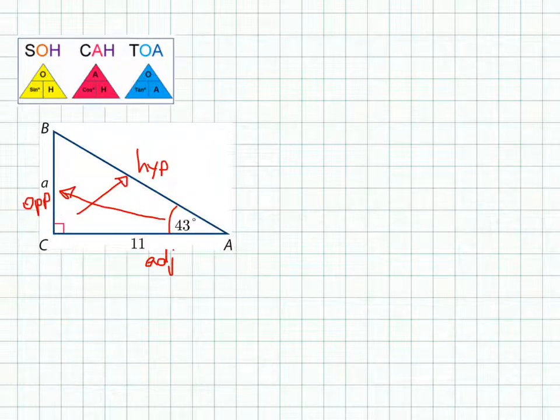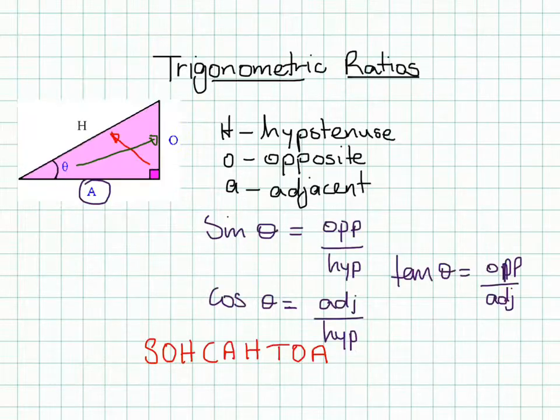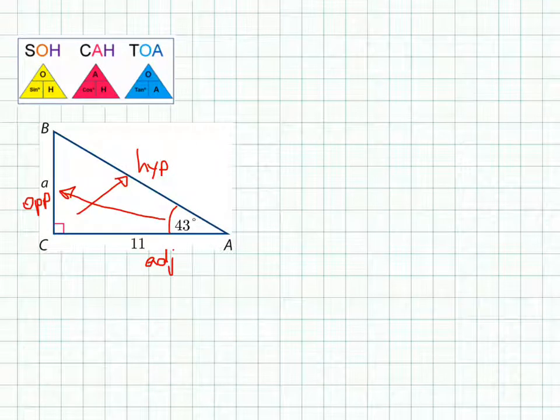So what I need to do is go back and check to see which trig ratio deals with opposite and adjacent, and that is tan. It is opposite over adjacent. Go back and look at my problem, and I know that I'm using tan theta being opposite over adjacent.